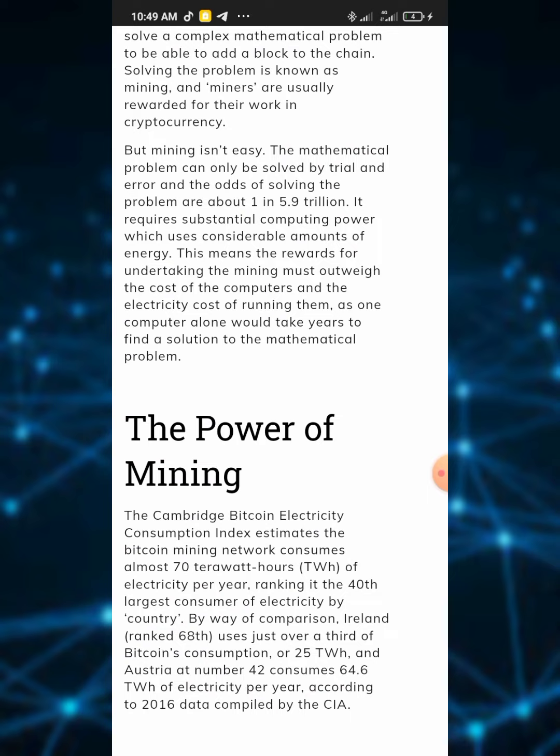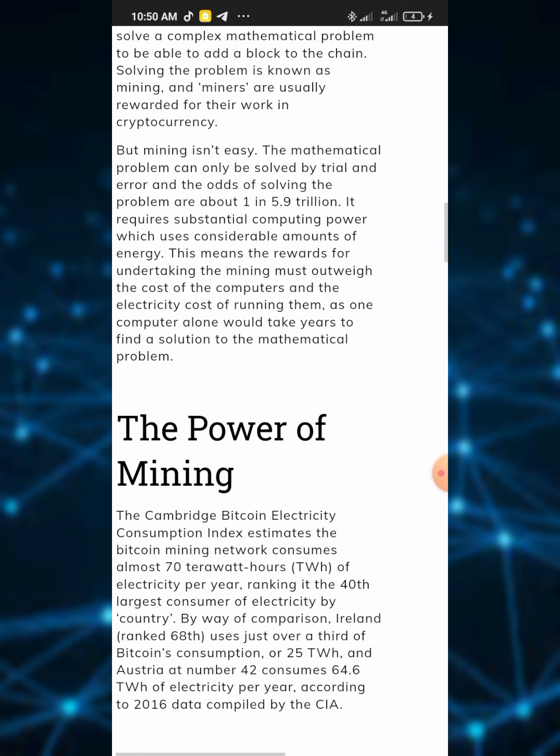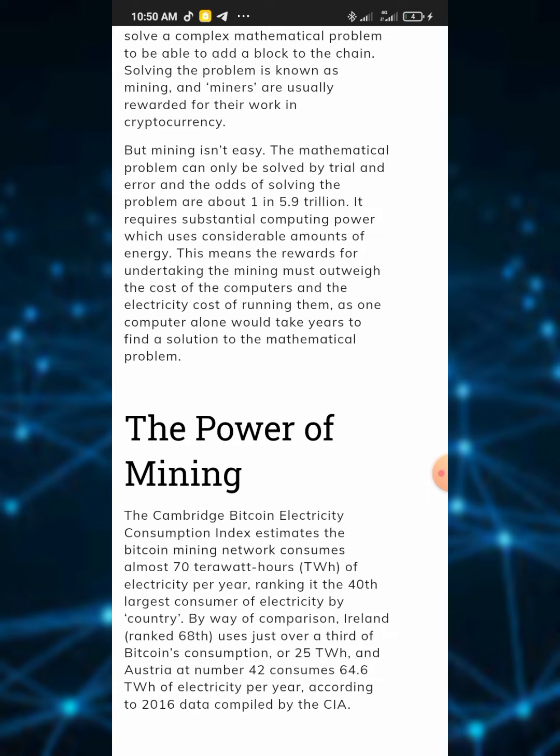So miners help in the growth of a particular network, because through the GPUs and the CPUs of their computers, they help in solving mathematical problems and helping to validate a particular transaction, a particular block, in order for those blocks to be added to the chain.